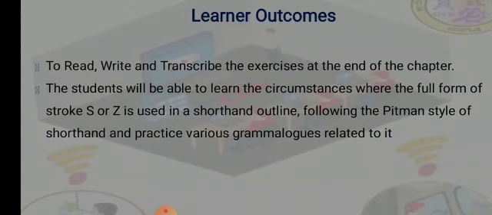So you will be able to understand where to use stroke S, where to use the circle S in this particular chapter, and you should be able to read all the words and write all the words and do the exercises given at the end of the chapter.